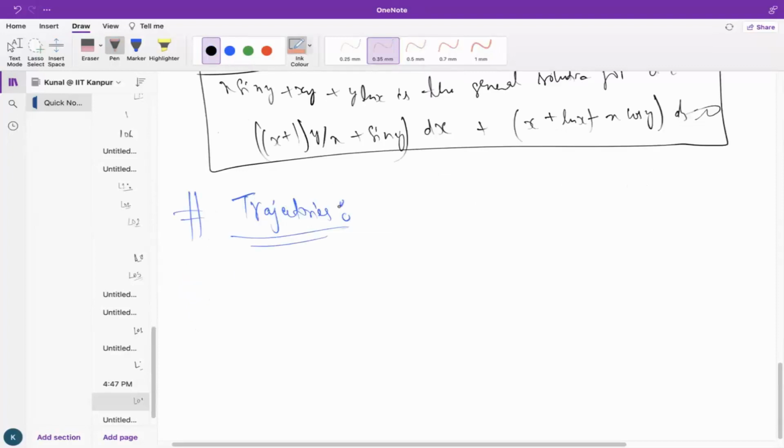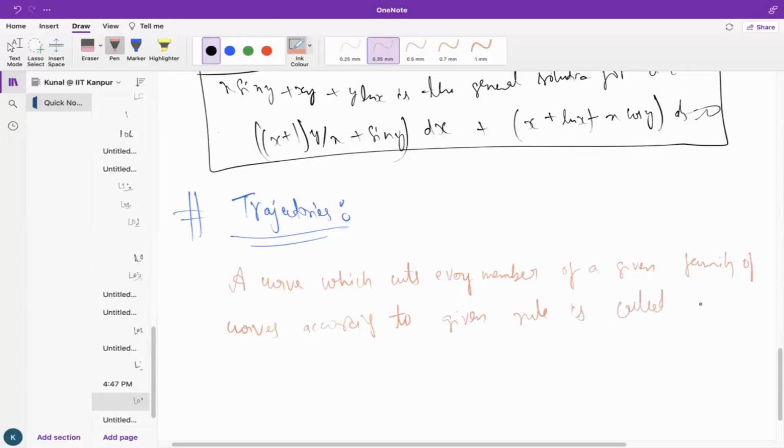A curve which cuts every member of a given family of curves according to a given rule is called a trajectory of a given family.